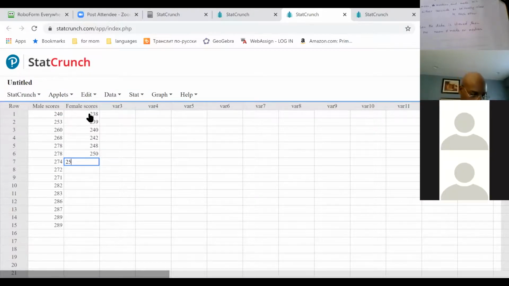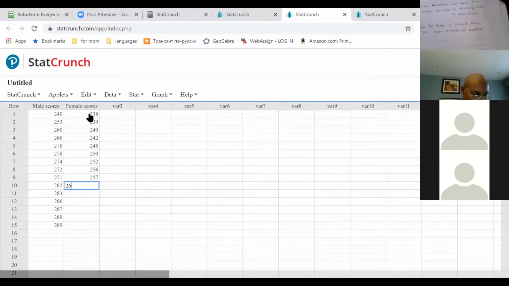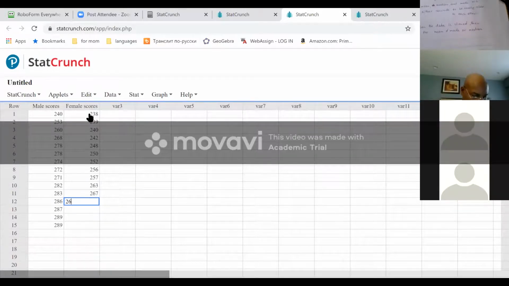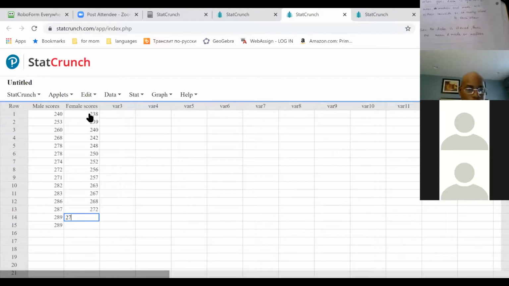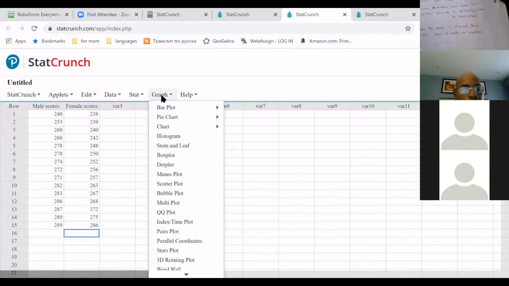Proofread, please. Okay, so we got the data in, and let's do a graph, a histogram.